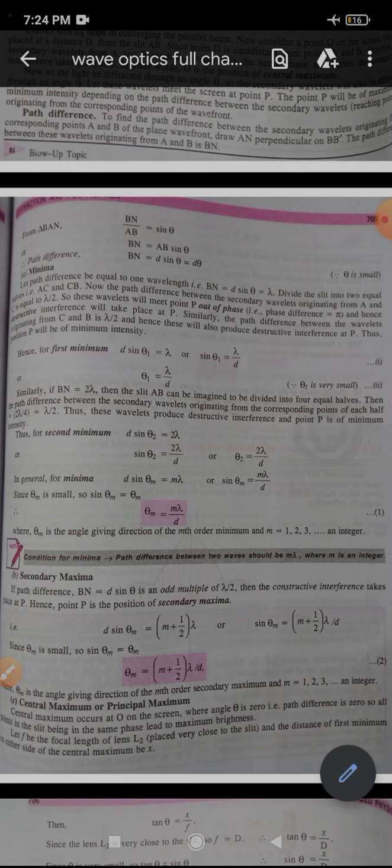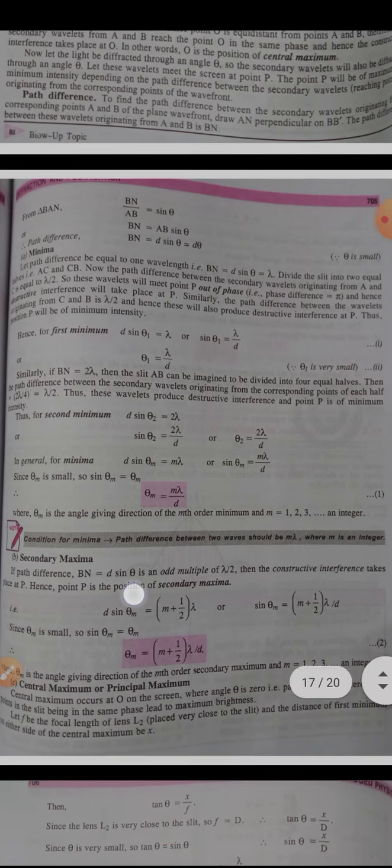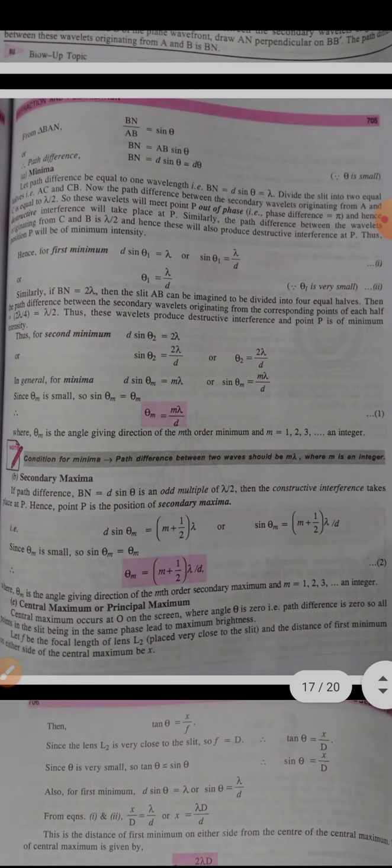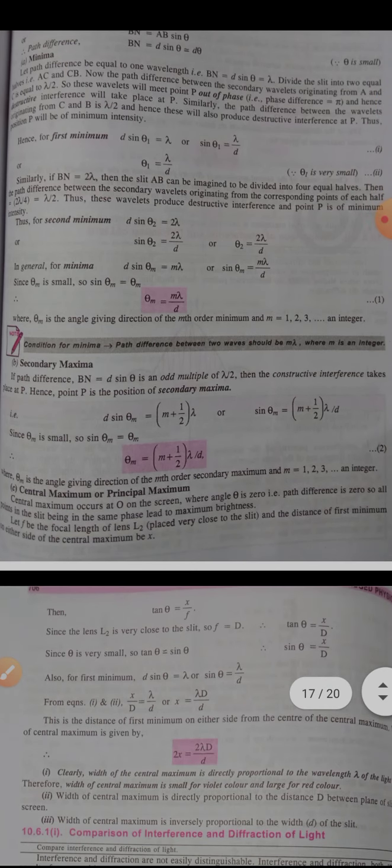For the first angle we have 1 lambda divided by d, for the second we have 2 lambda divided by d. This is with respect to minima.